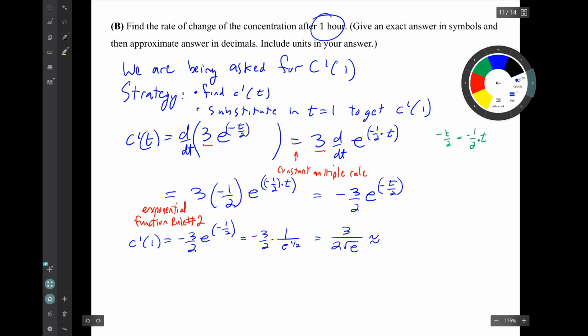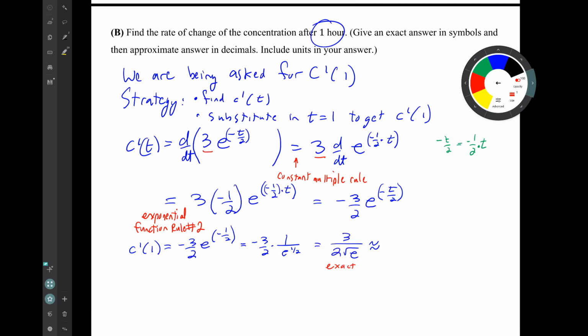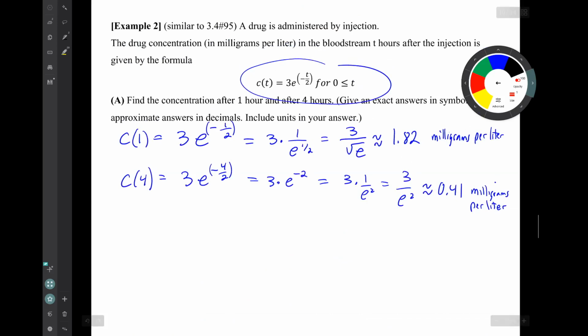So that's an exact answer. So I should label on our previous computations the exact and approximate. So in this calculation, here were our exact answers, and then here are our approximations. And in this C parentheses 4, this was the exact answer.